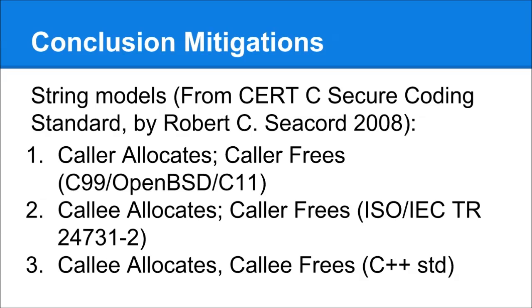For strings, there's a good recommendation by the author of the book that I use to have a unified string model for handling allocation and freeing for just strings and dynamic memory in general. And as long as you're consistent across the board, the general lesson is that you should be fine, as long as you fit into one of these three approaches.